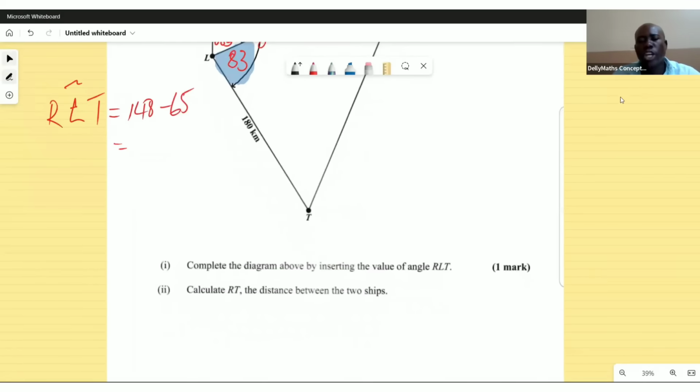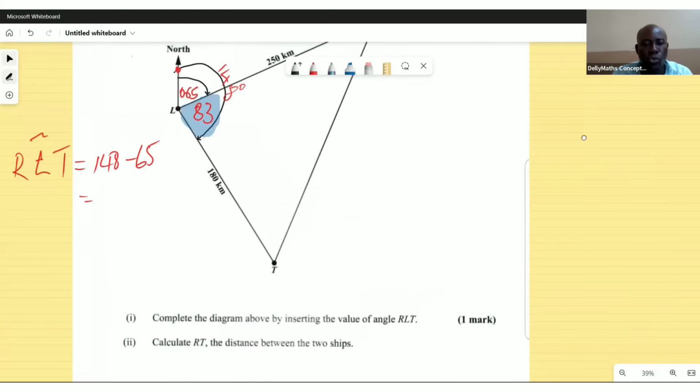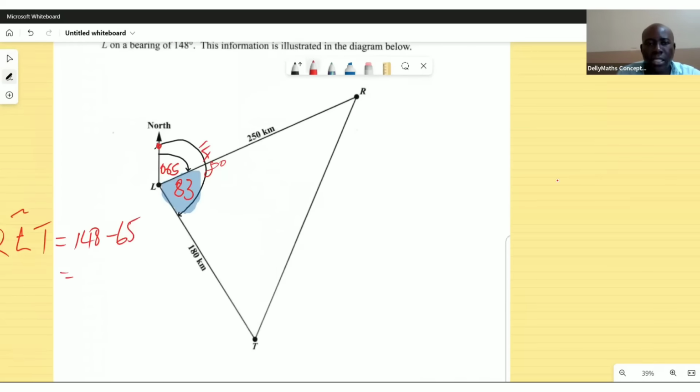One more. Now they're saying using that, we want to calculate RT, the distance between the two ships. No problem. In calculating this distance, all I'm going to do is use my cosine rule.